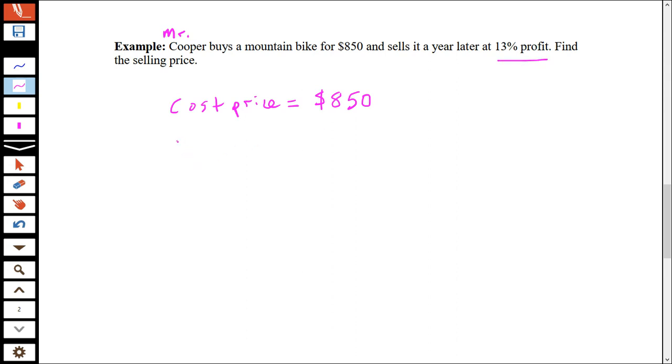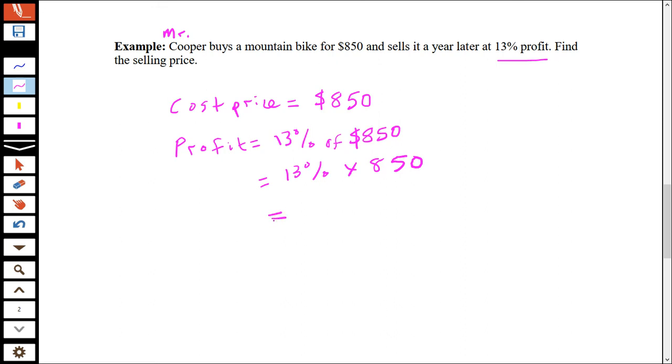Okay, so I'm going to work out what the profit was. Profit is 13% of 850. Well, technically I should put 13% of, which is 13% times 850.